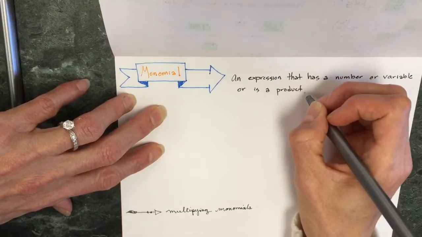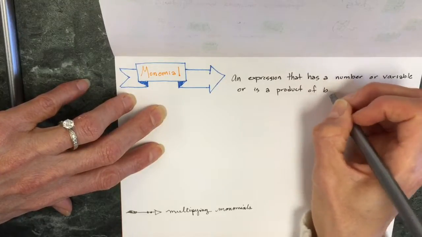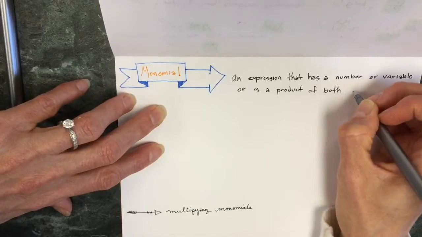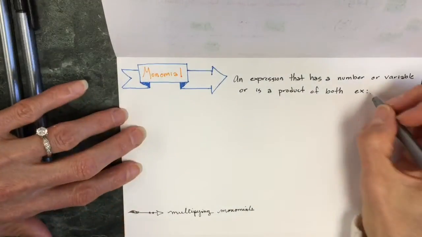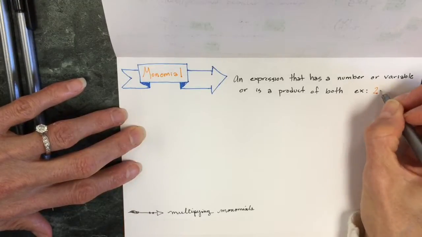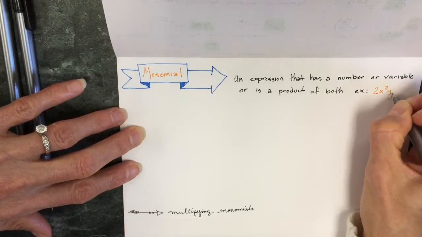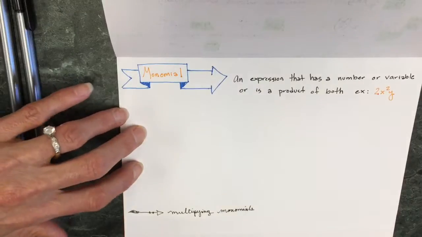So the two being multiplied. For example, 2 times x squared times y. That would be a monomial.